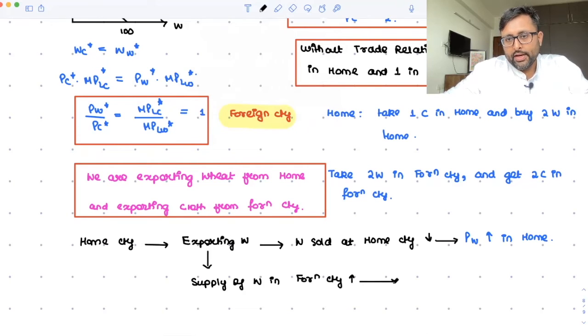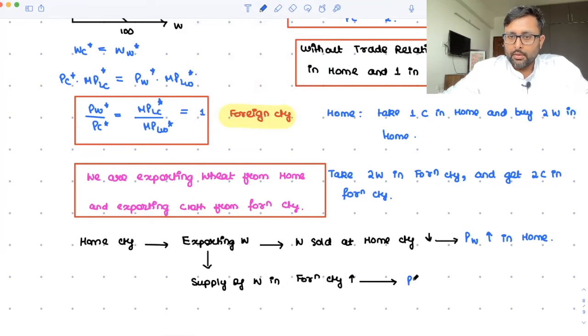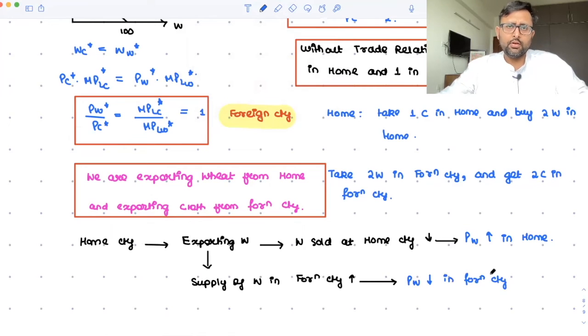So the moment its supply in the foreign country is going to increase, the price of wheat is going to fall in the foreign country. That is also true. This is simple, demand and supply. So what has happened is price of wheat is rising in the home country and price of wheat is falling in the foreign country.